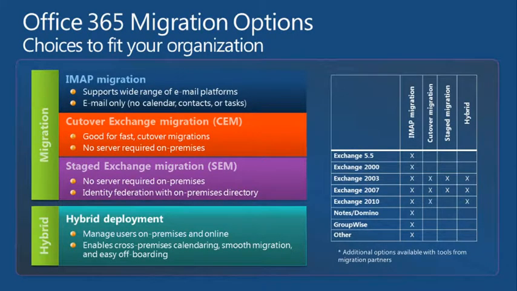The bottom box is what we're going to talk about today. And from a migration perspective, the difference between that bottom box and cutover and staged is cutover and staged use a client access protocol, the same MAPI protocol that the Outlook client uses to access your data. And it essentially creates you a new mailbox and copies the data across.